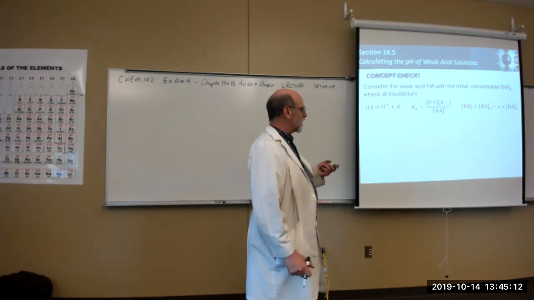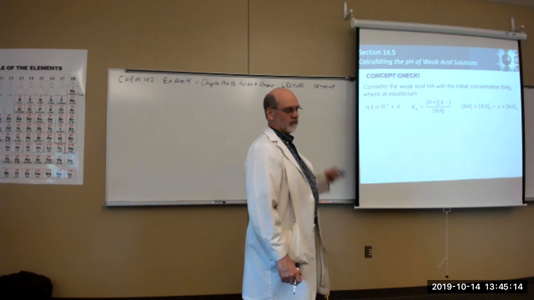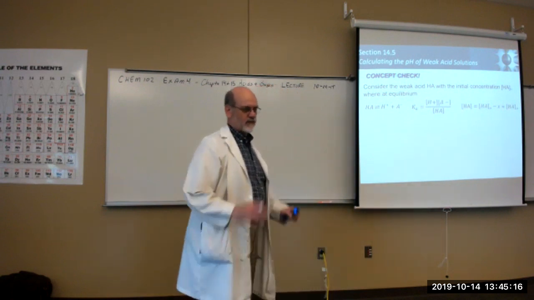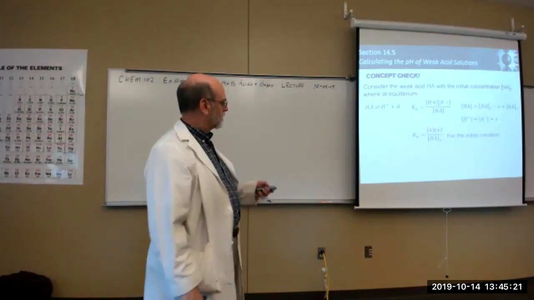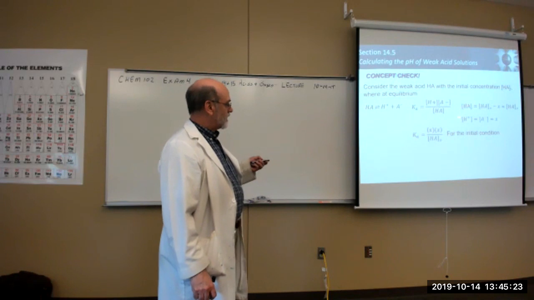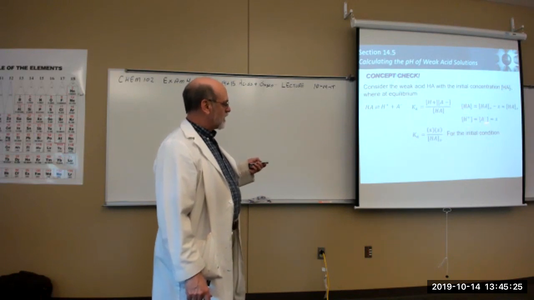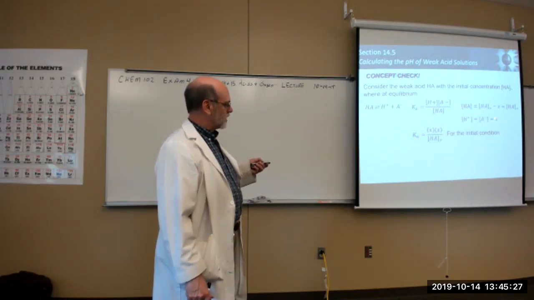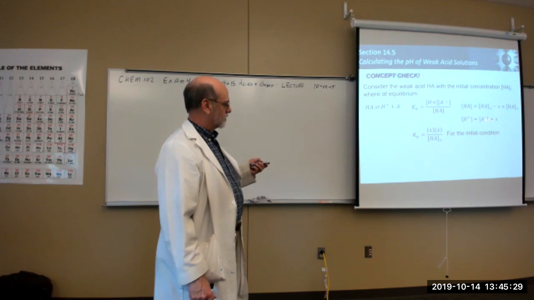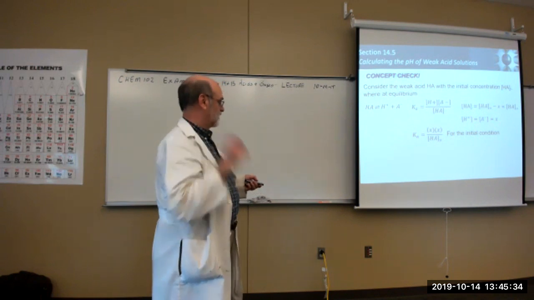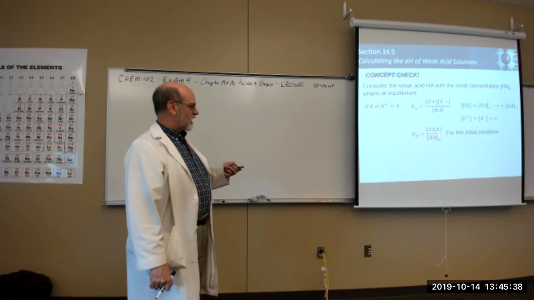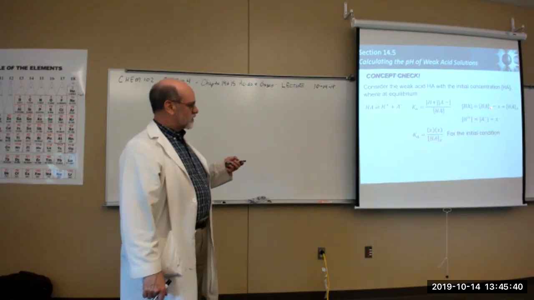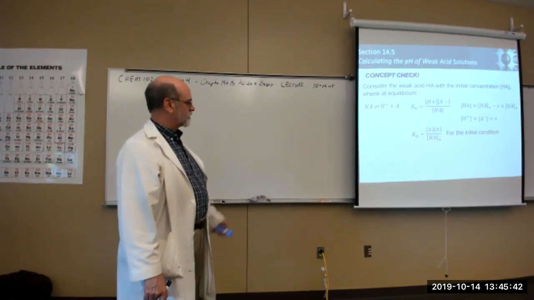But we know that for weak acids, they're basically going to be equal. There's not going to be that much difference between the two. And the H plus and the A minus are both going to be equal to that X, because whatever disappears here shows up there. All right, so the Ka then would be X squared divided by HA 0, starting for initial conditions.